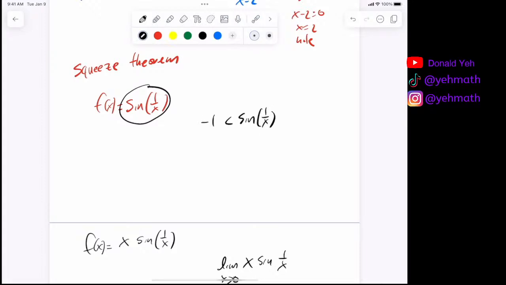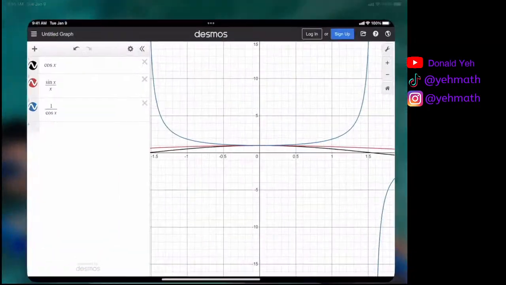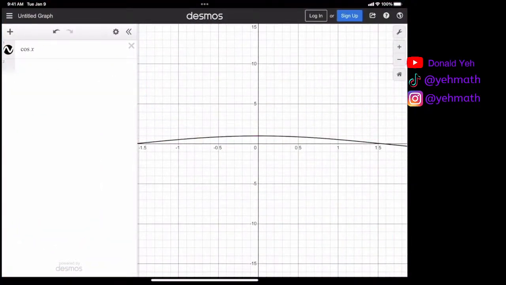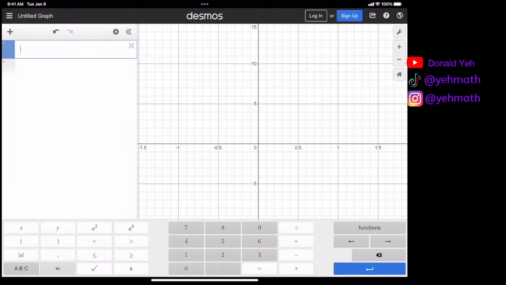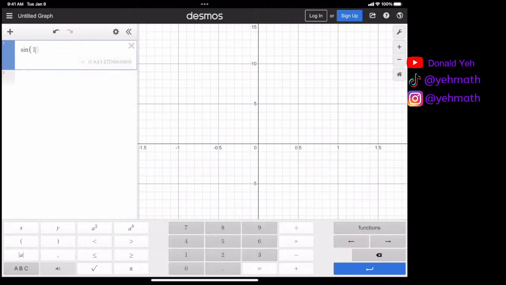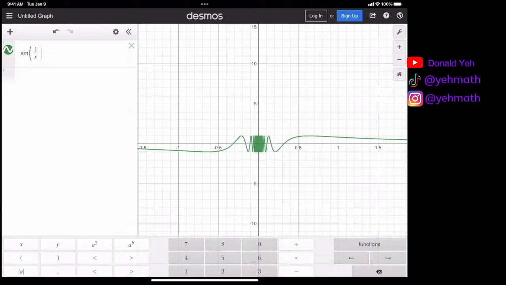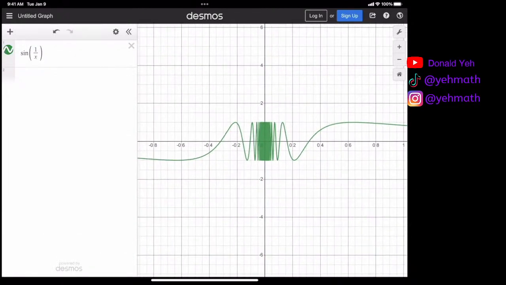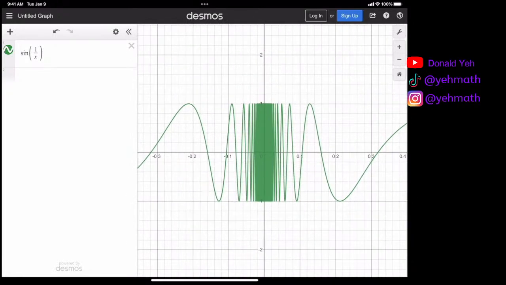So this has a range between -1 and 1. And this one we already know, because it doesn't matter what the input is, the oscillation is going to look like sine of 1 over x, and it never gets higher than 1 or below -1.